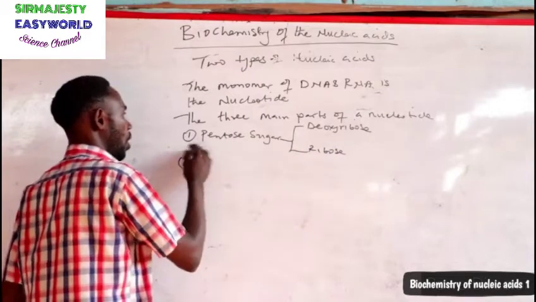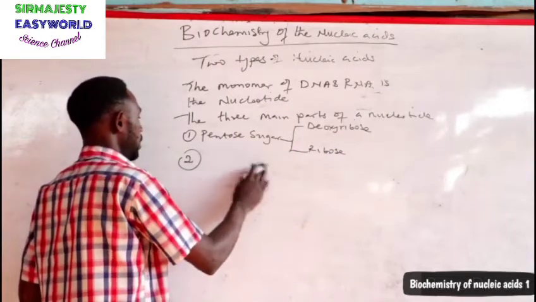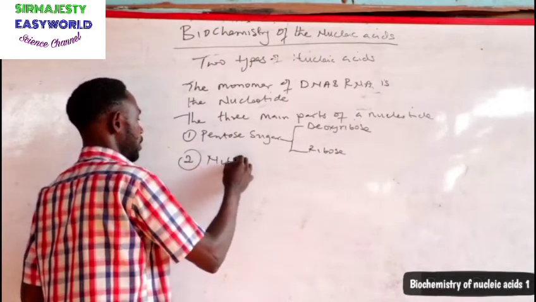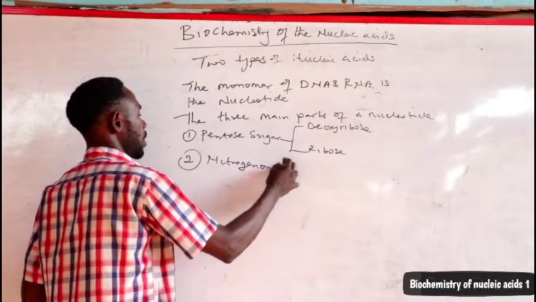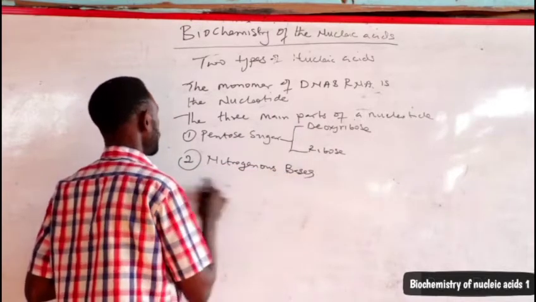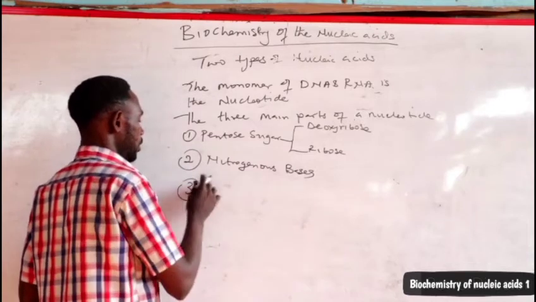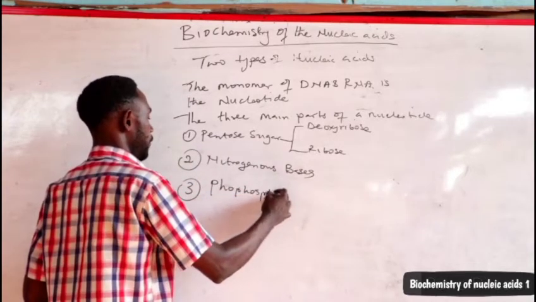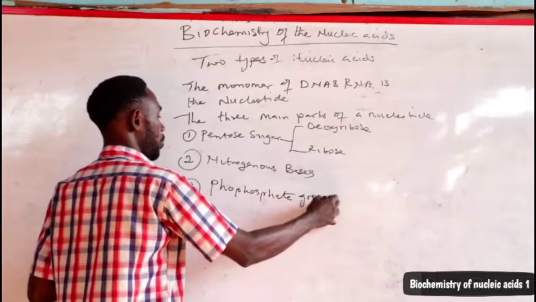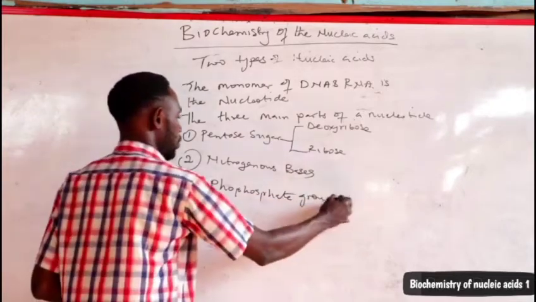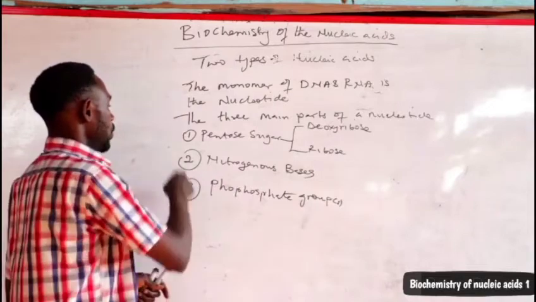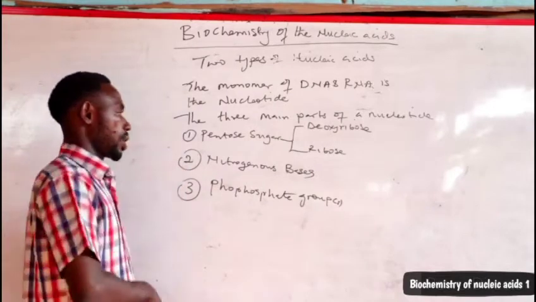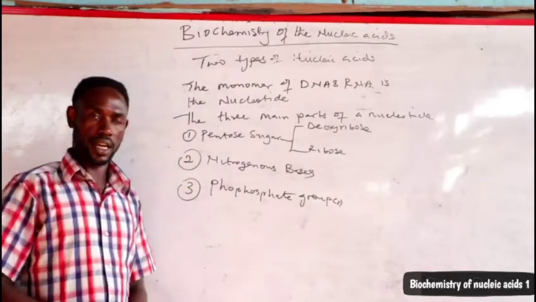Then the second unit of a nucleotide are the bases, known as nitrogenous bases. Then the number 3 unit is the phosphate group, or groups. So when you join 1, 2, 3, what you have is a nucleotide.